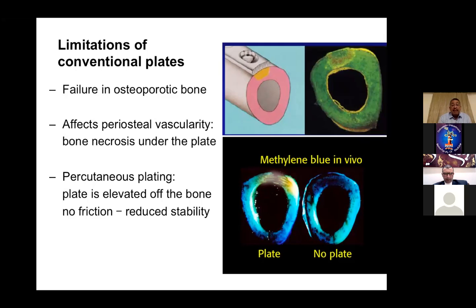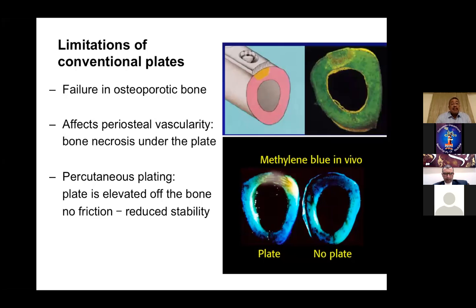It may be elevated off the bone by the soft tissue, and this will lead to reduction of the stability of the plate because there is no friction between the plate and the bone. And we will talk about this.